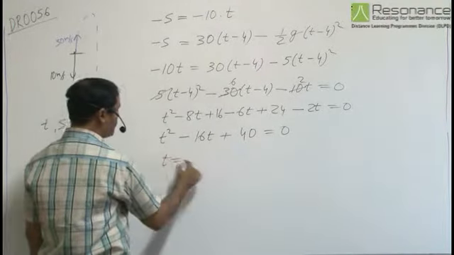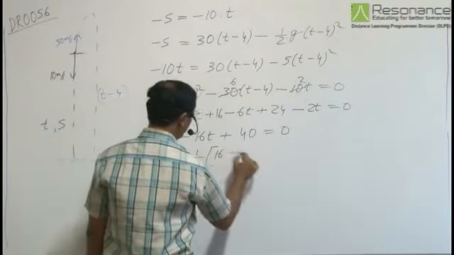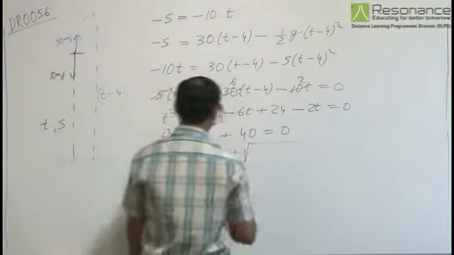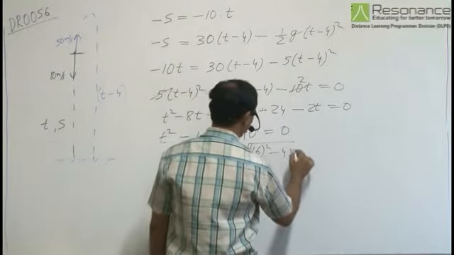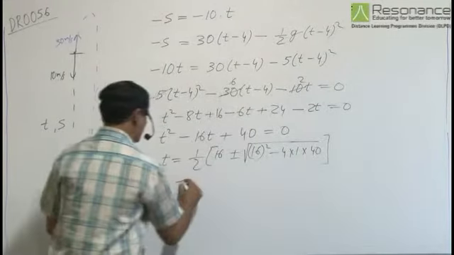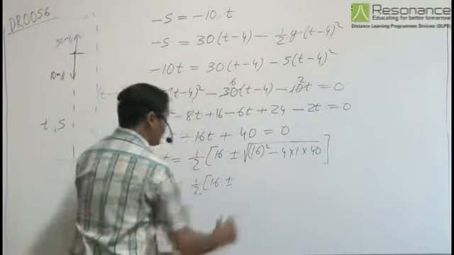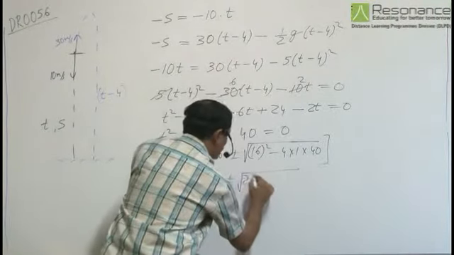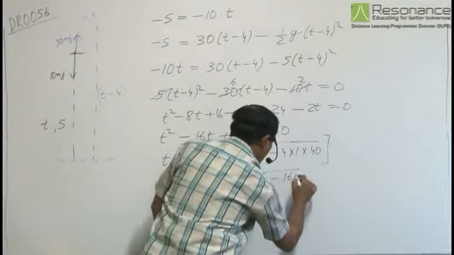So the time t is equal to half of minus b plus minus root over b square, that is 16 square minus 4 into 1 into 40. So this is equal to half of 16 plus minus root of 256 minus 160.